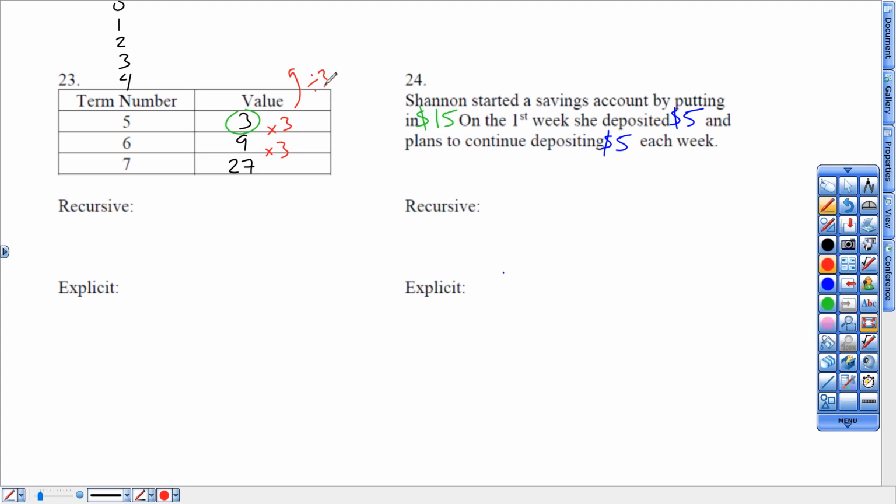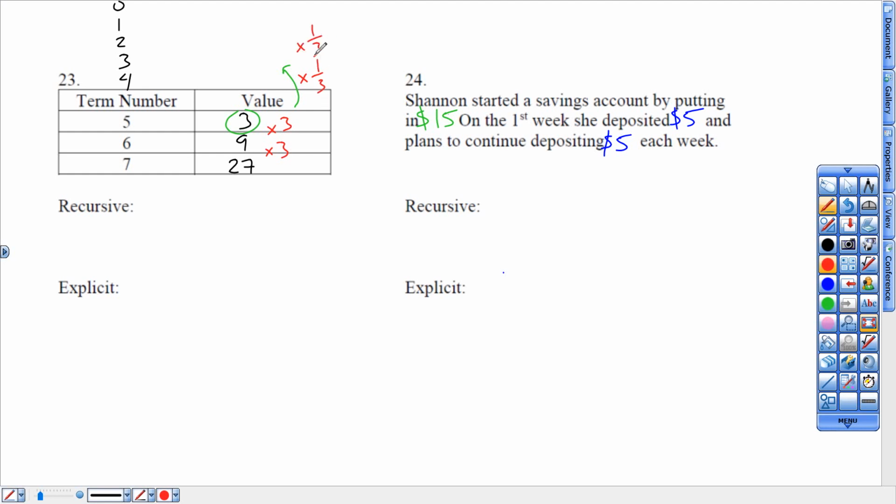But remember, we're not going to show dividing by 3, even though that's really what we're doing. 27 divided by 3 is 9. 9 divided by 3 is 3. We're going to show dividing by 3 as timesing by the reciprocal of 3, or taking 3 and flip-flopping it so it's 1 over. That's what reciprocal means. So times by 1/3.